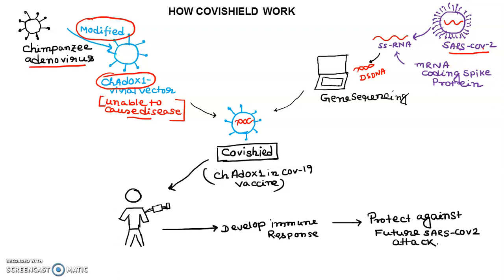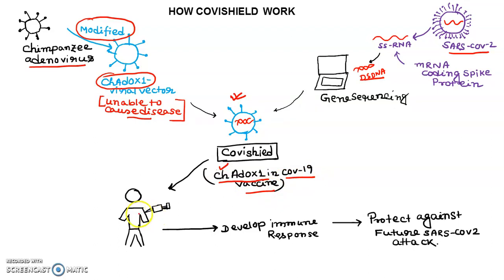By genetic technique, we can convert the RNA to cDNA, which is double-stranded DNA, so we know the genetic sequence of SARS-CoV-2. From this genetic sequence we can incorporate it into the modified vector, and these modified vectors act as a vaccine. So for the Covishield vaccine, we are taking ChAdOx1 for the COVID-19 vaccine.